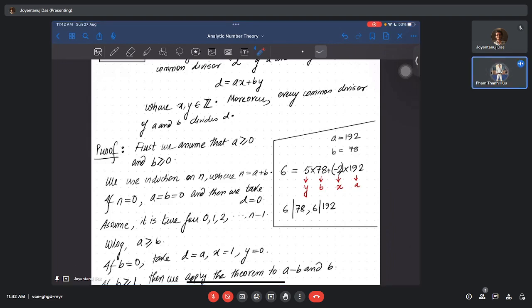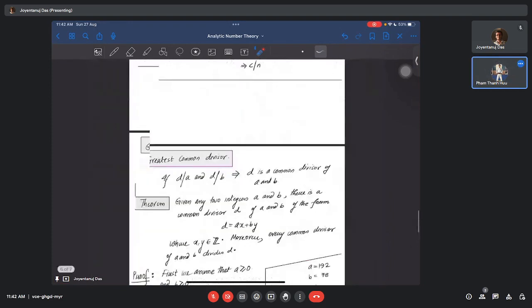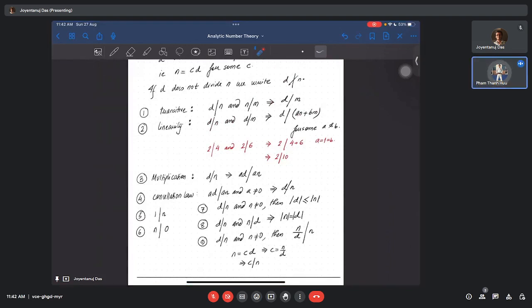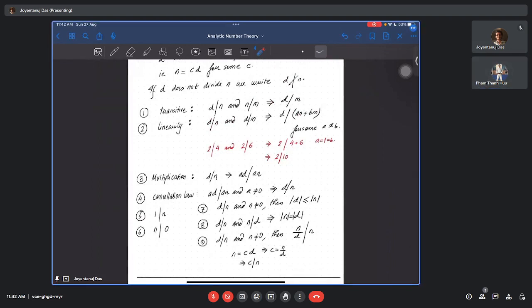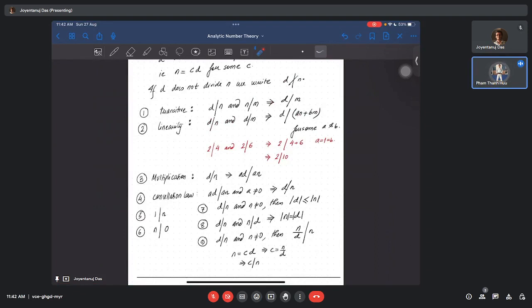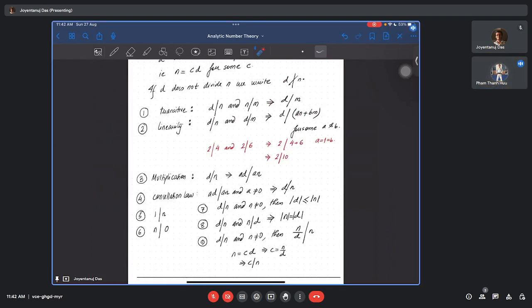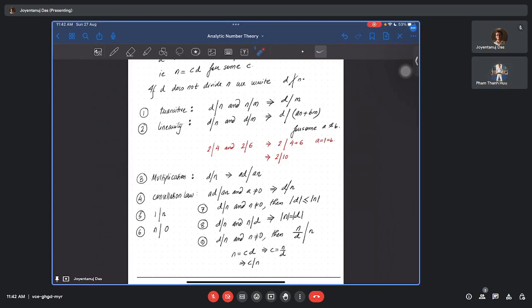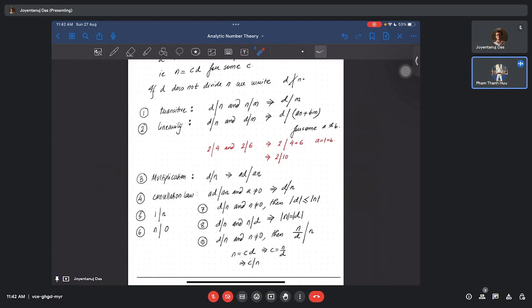You can scroll to the property of divisor. Yes, here, linearity. No, this is not equal. Yes, it is the difference that is equal. I thought this was equal.